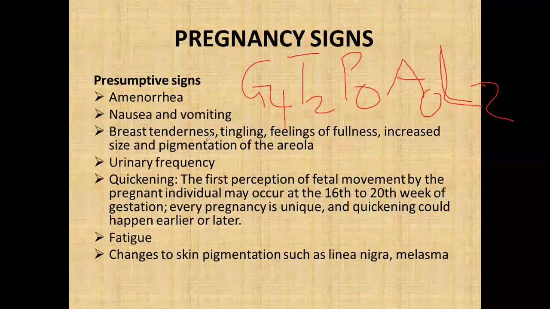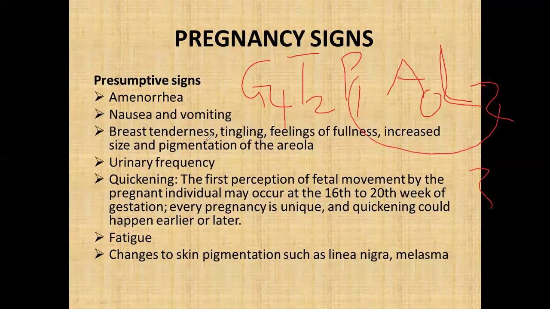Or maybe preterm is 1. If preterm is 1, when you add this one to these, you get 3 plus the current one, making 4. I hope you are getting me.